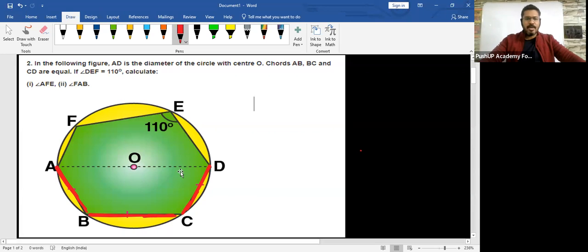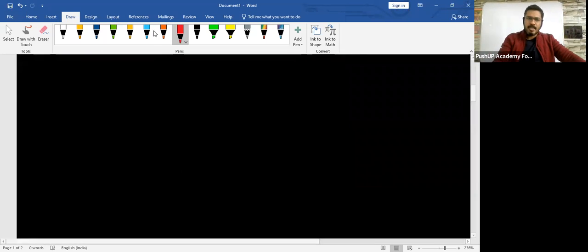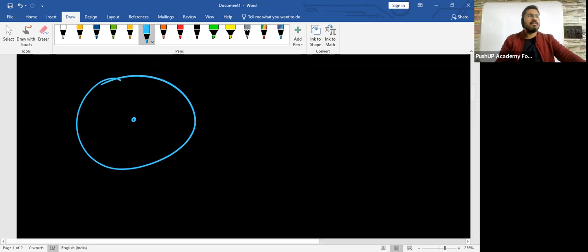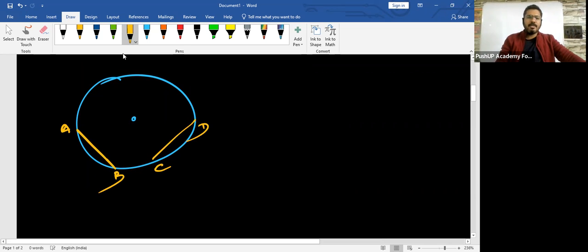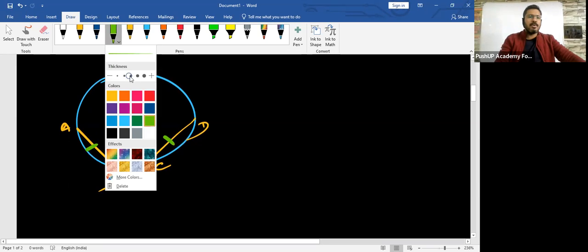Now, children, if you want, I can teach you this property separately. Imagine there is a circle with center O. I have a chord AB here. Then I have a chord CD here. Imagine both the chords are equal in length.